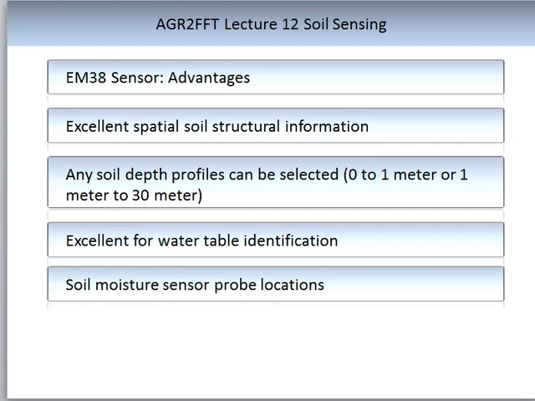For example, if you have determined via your EM38 that you have 3 areas of soil moisture across your farm, you would put a different number of sensors in each area, and that would tell you where to put your irrigation infrastructure and how to determine your scheduling based on that area.